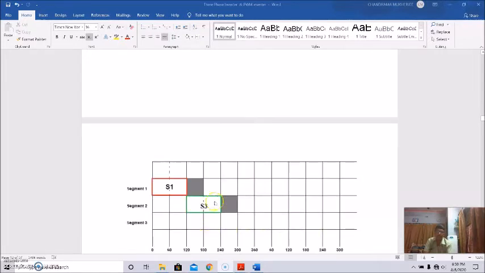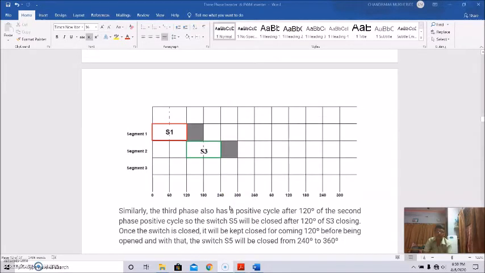This is the conduction mode of segment 2 for S3. Similarly, the third phase also has a positive cycle after 120 degrees of the second phase positive cycle. So the switch S5 of segment 3 will be closed after 120 degrees of S3 closing.